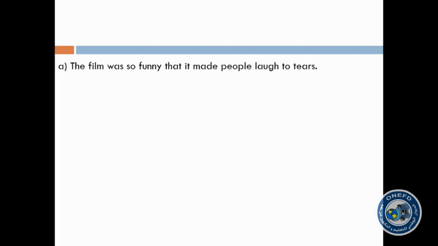So let's take a look at the last sentence of task 1 in grammar review. Sentence A: the film was so funny that it made people laugh to tears. Before we answer the question, what does this sentence express?